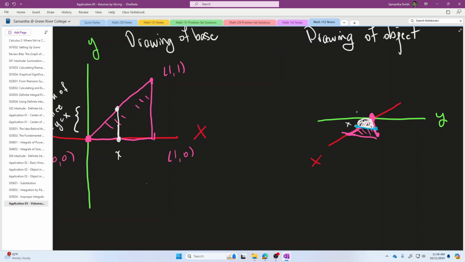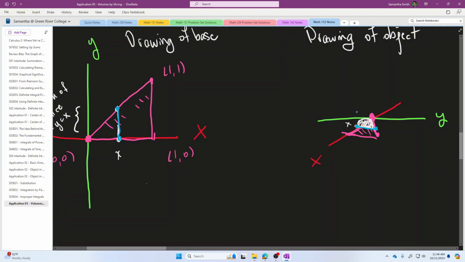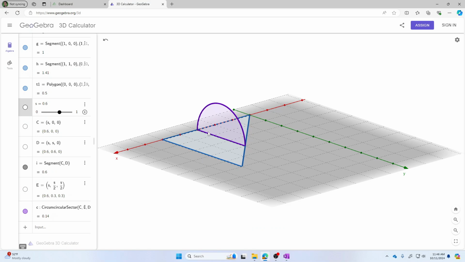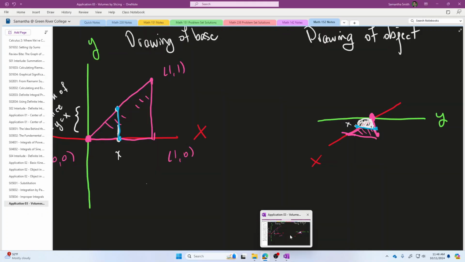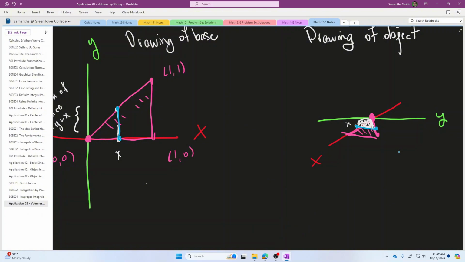The slice that I made forms the line that cuts directly through the middle of the circle. In other words, the slice that I made forms the diameter of this semicircle.